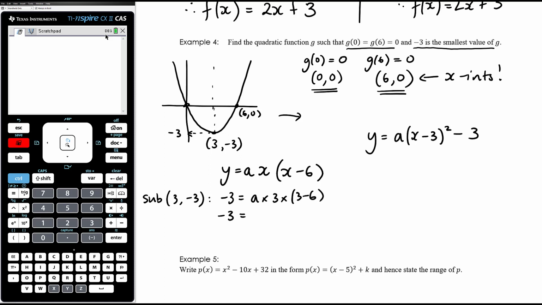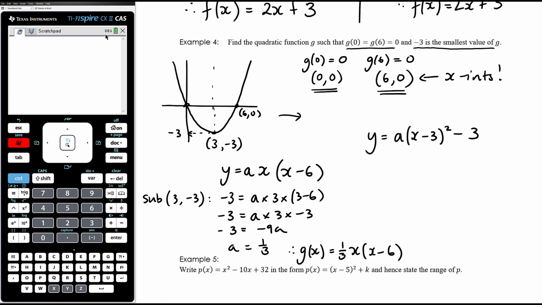So it's -3 equals a times 3 times -3. -3 is -9a, and so a is positive 1/3. And so therefore our equation is called g. We're finding function g. So therefore g of x is 1/3 times x times (x minus 6).